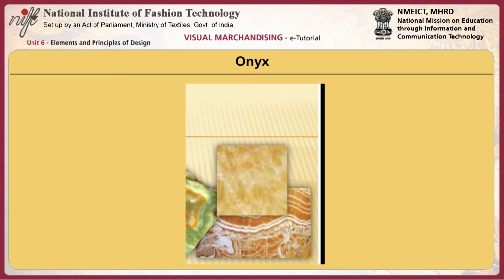Onyx can be delicate, so be careful where you use it. Most popular for vanity countertops or specialty surfaces. These days the market is full of onyx decorative products. So onyx is used largely as an interior decorative product.